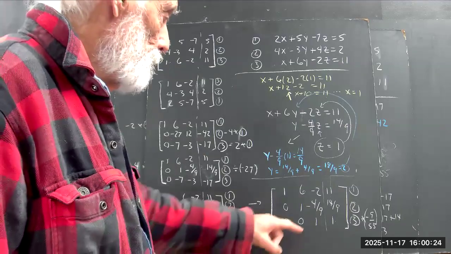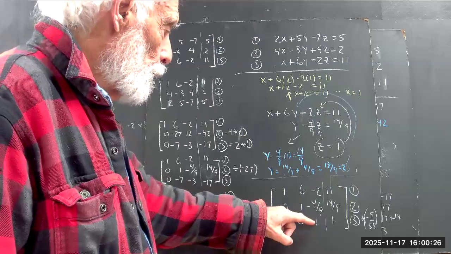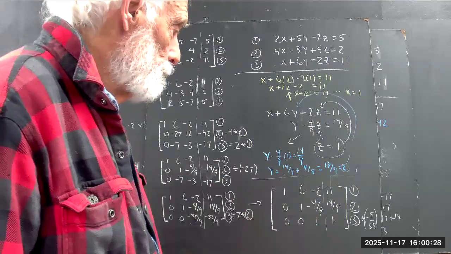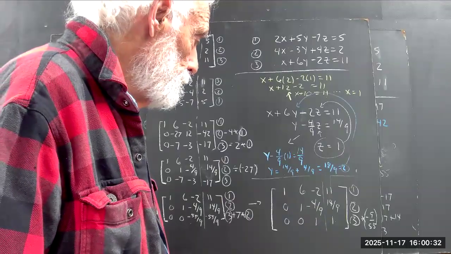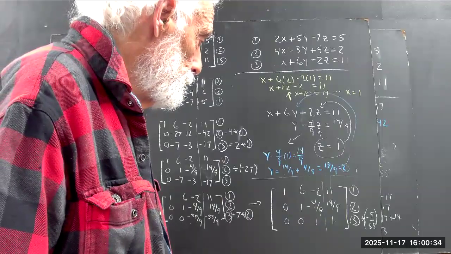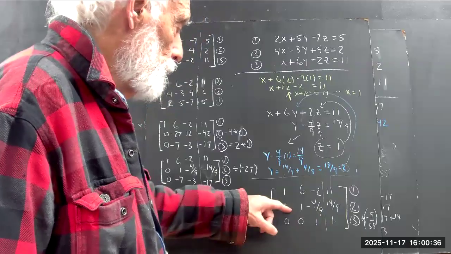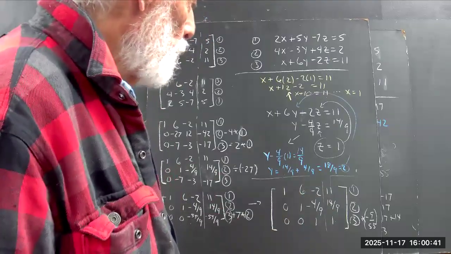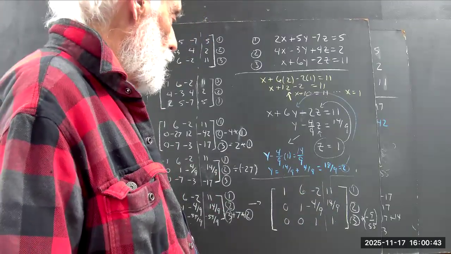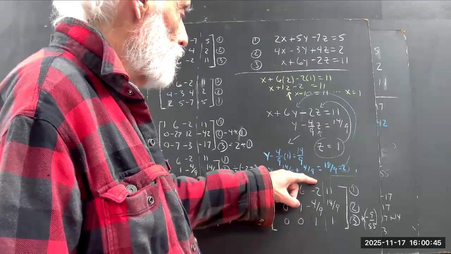Now we could also add 4/9 of this row to this row. And we would end up again with 1, 0, 2. We could add 2 times this row to this row.